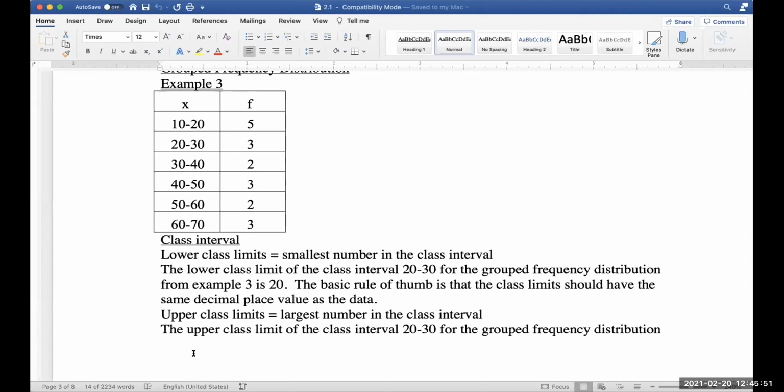Or what you could do is use what's called an open-ended frequency distribution. You would just say 60 or above. You would say below 20. So you could open up one or both of your limits at these class intervals, at the upper end or at the lower end, to grab hold of a particular outlier.